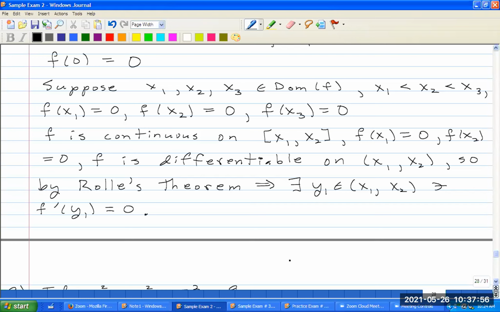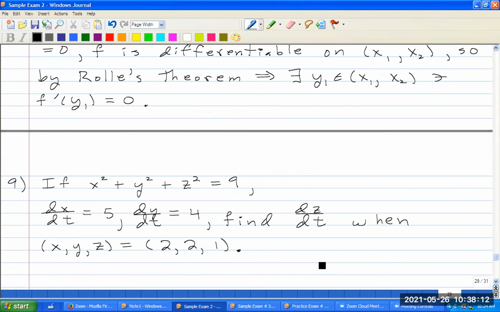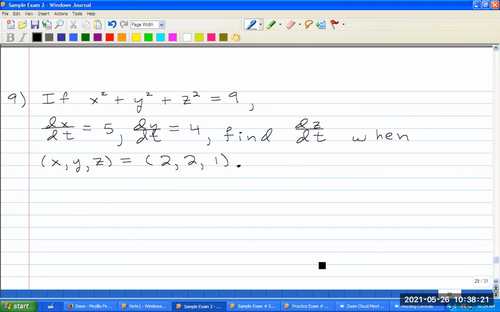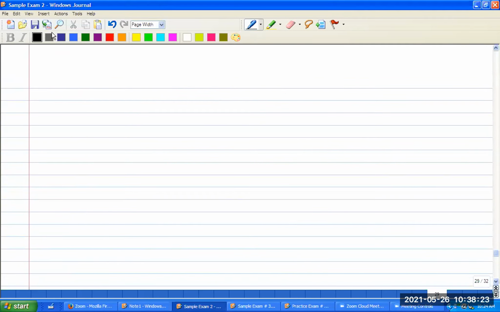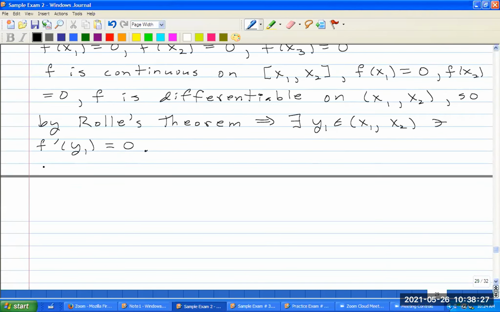Okay, so if I'm 0 somewhere, then somewhere in between, I have a derivative that's 0. Next, as long as my function is continuous on the closed interval and differentiable everywhere in the open interval. So I'm almost done.